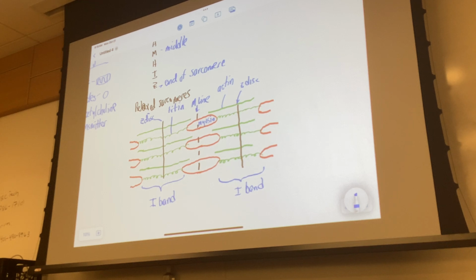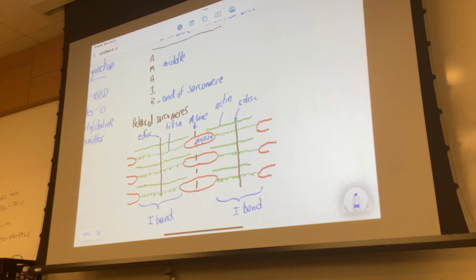And then the last 2 here, the A and the H. I never can draw the A and the H very well. So we're going to try to define what that is in a second.